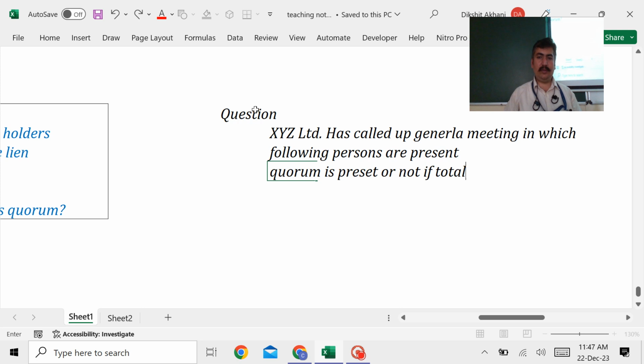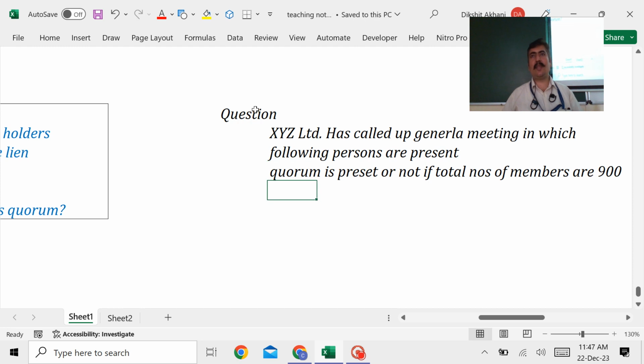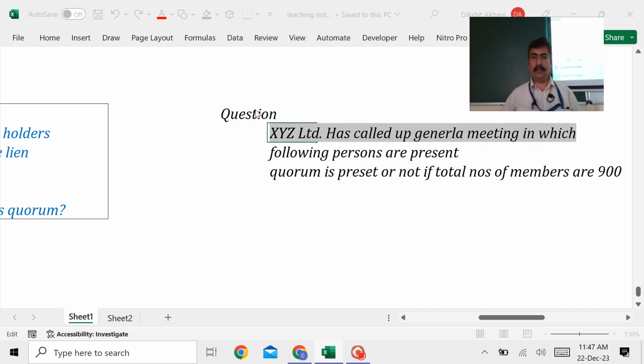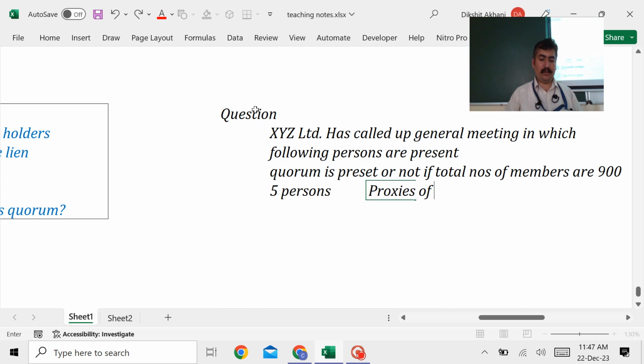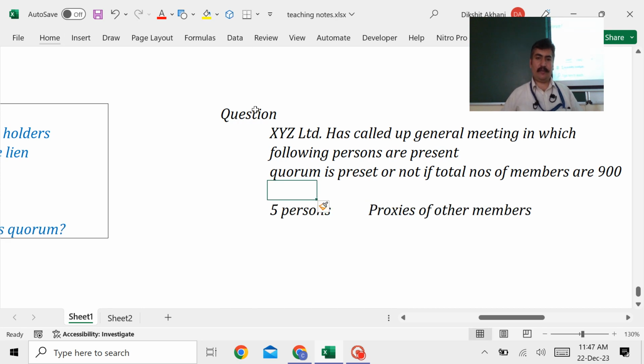If total numbers of members are 900. This is the data given here. If the total numbers are 900, 5 persons who are proxies of other members. So that's the first point.